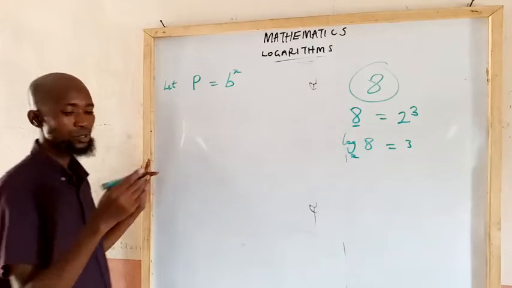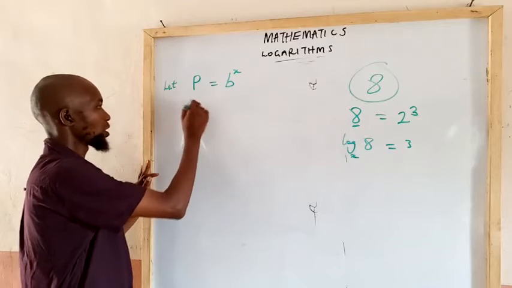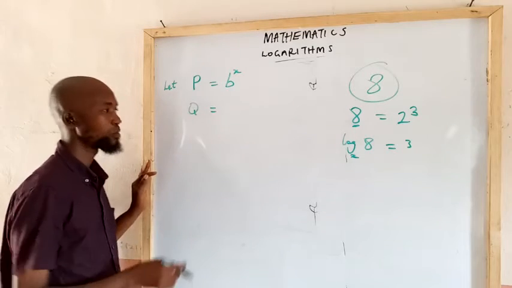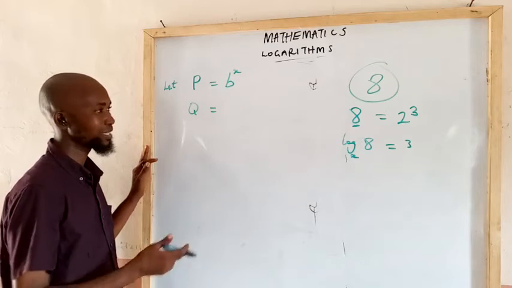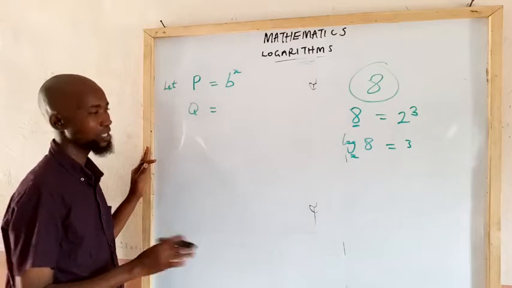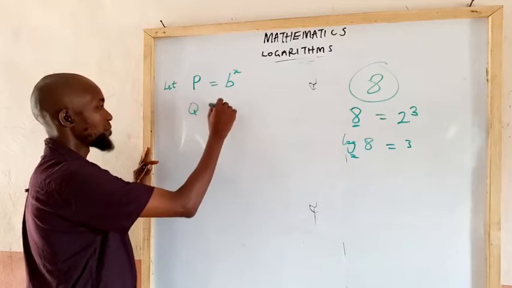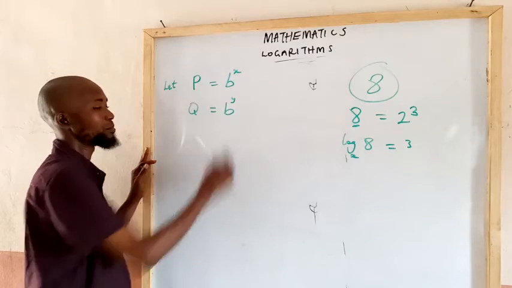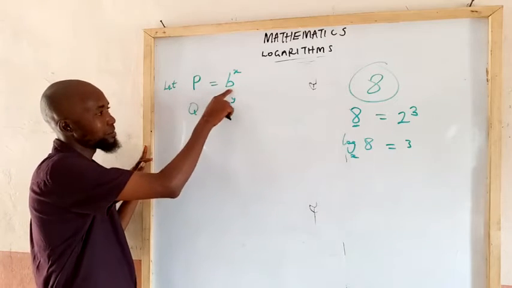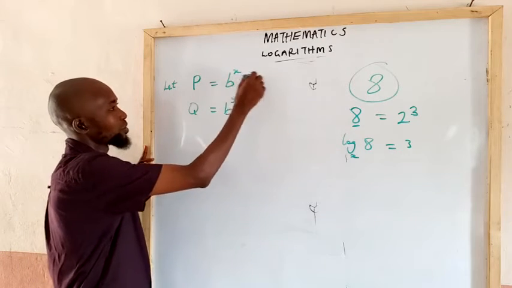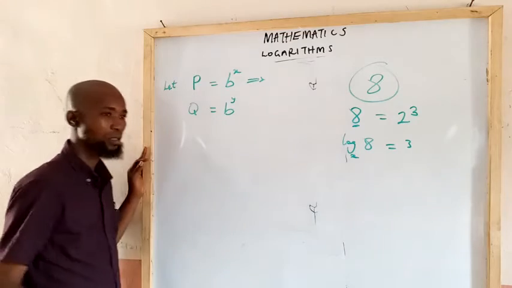So we want to make use of two numbers this time around, and let's also think of another number q. If this q is also written in index form, the result it is going to give can be something like b raised to power y. And we can see that this information can also be written in logarithmic form.